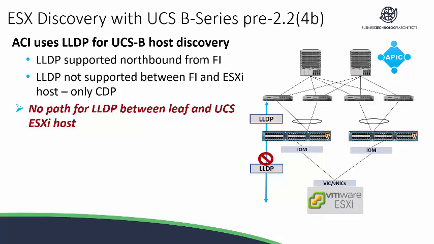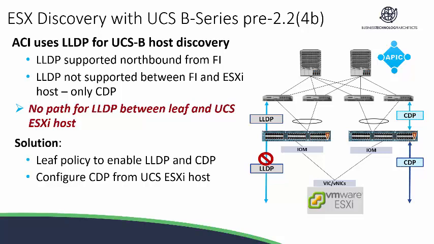There are not very many people that run UCS-B series pre 2.2, but ACI uses LLDP. LLDP was supported northbound, but not supported between the FI and ESX, only CDP. So there is a process where you have to go and set a policy in UCS.